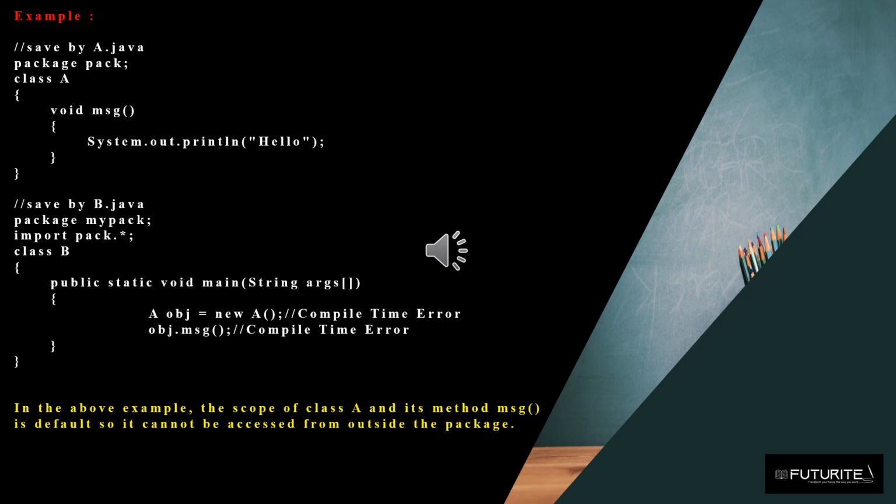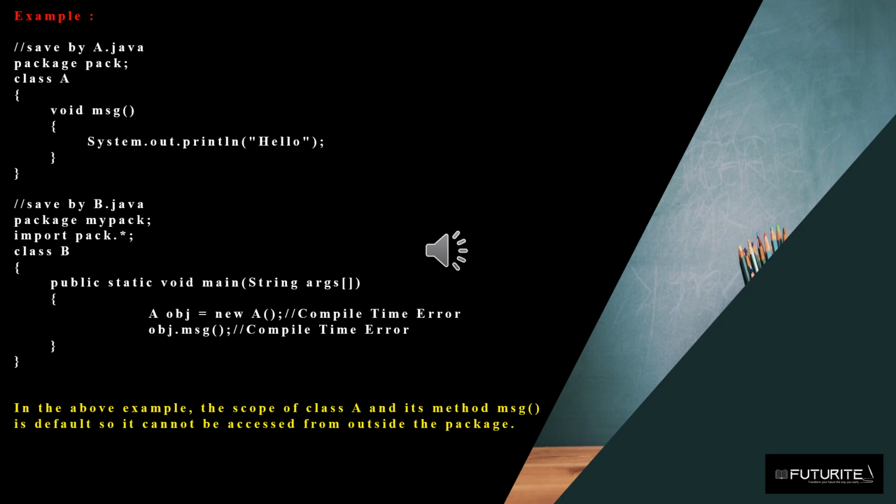Now here comes a very important question: what does .* signify? It signifies that if a package has, say, 10 classes, because inside a package each class is a member of the package, then all the members of the package can be accessed. If we want to access any particular class of a package, then it should be written like import pack dot the class name.